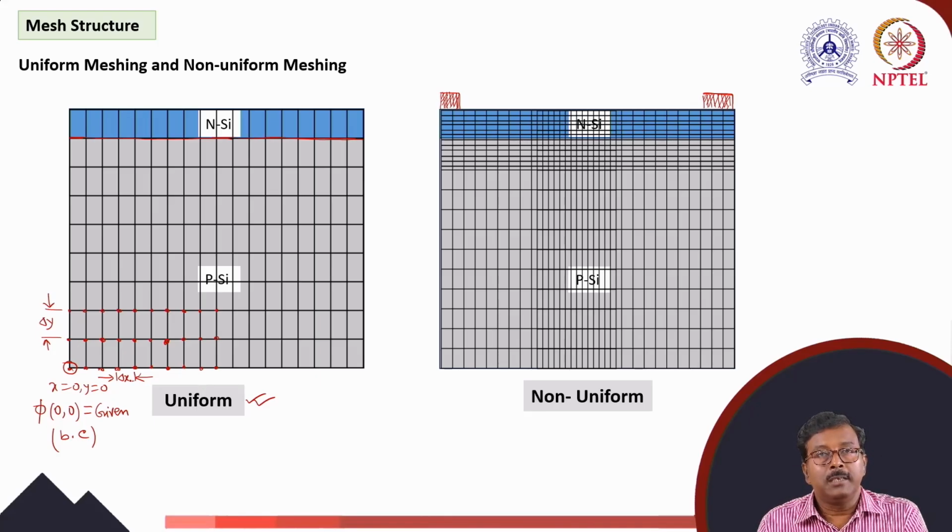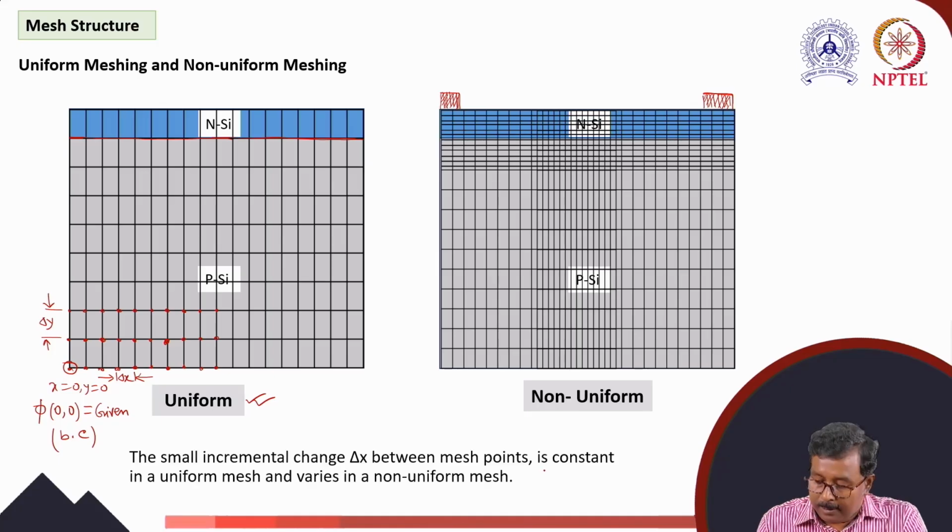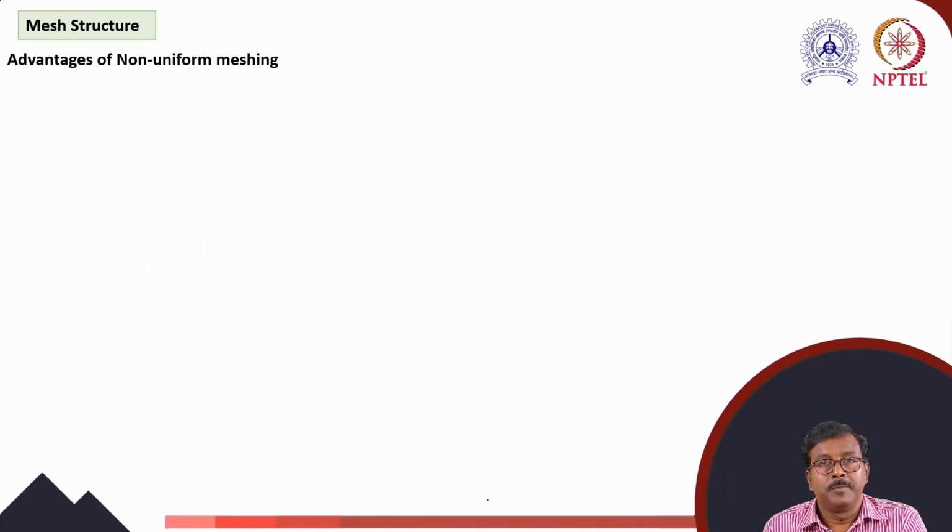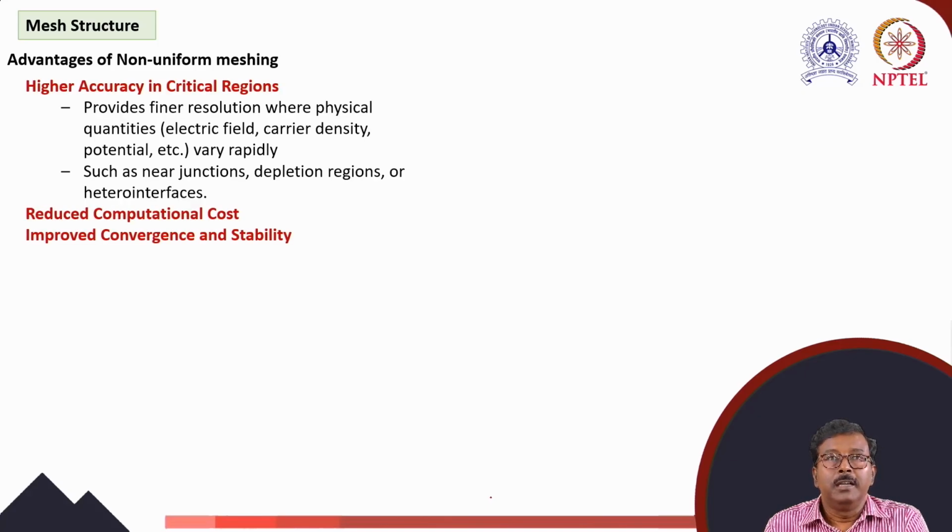So delta x and delta y. As I already mentioned, the small incremental change delta x between mesh points is constant in a uniform mesh and varies in a non-uniform mesh. And some advantages of non-uniform meshing I already discussed. There is a higher accuracy in critical regions.